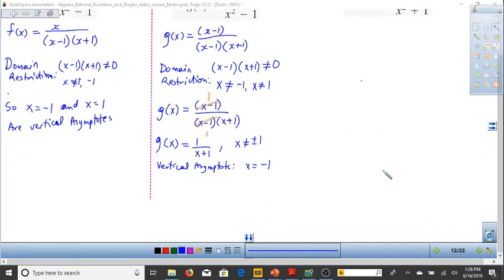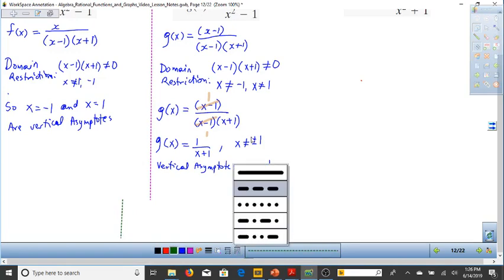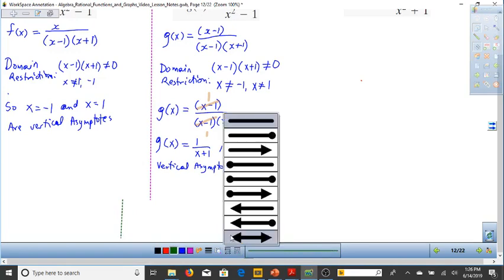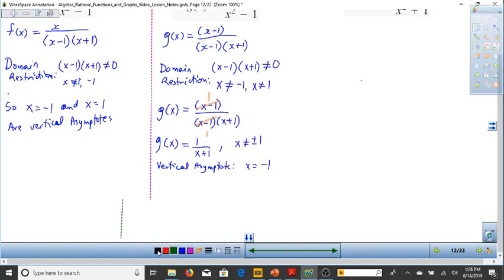What that means is the graph really just has a hole at 1, not a vertical asymptote. So if I were to draw this graph, in reality, it will just be a transformation of the graph of 1 over x with an additional restriction that there's a hole where x is equal to 1.